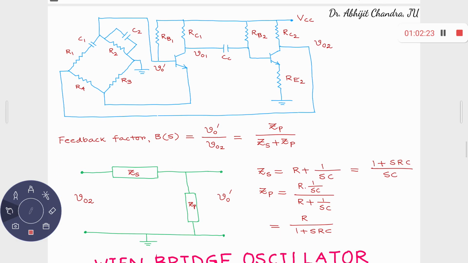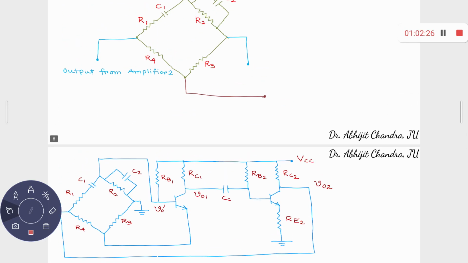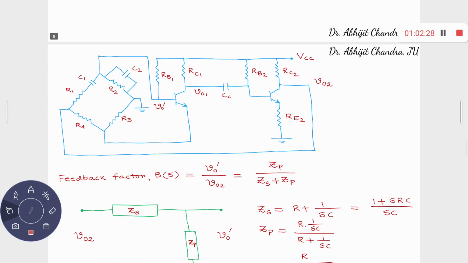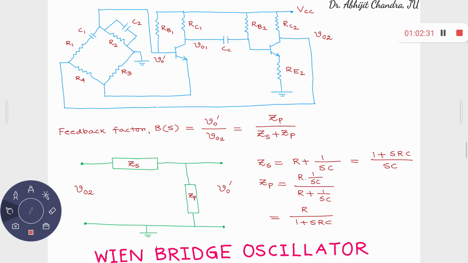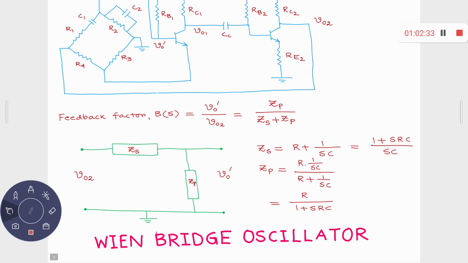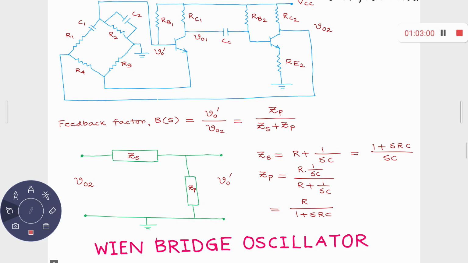What is the formula? If it is V0 dash, VO2, suppose this is ZS, this is ZP. What is the formula then? You can identify ZS and ZP.